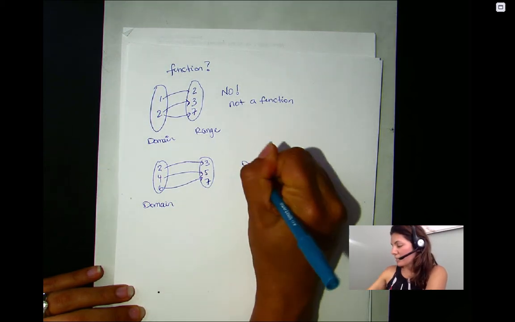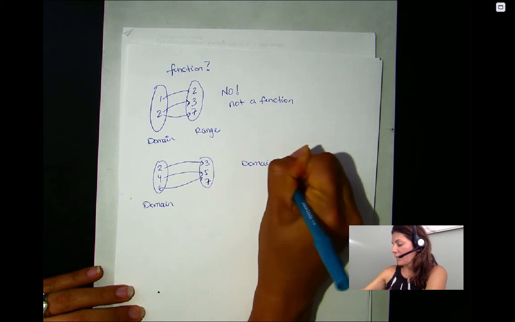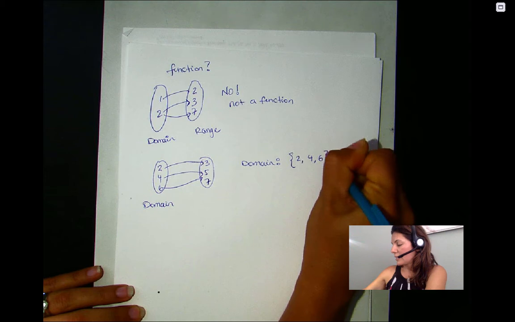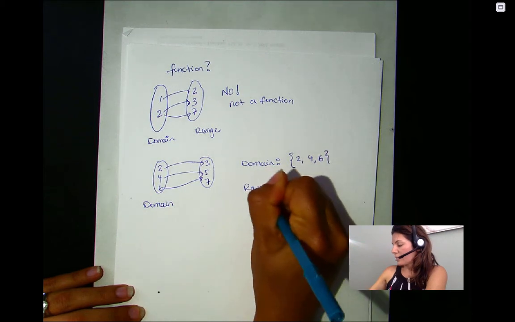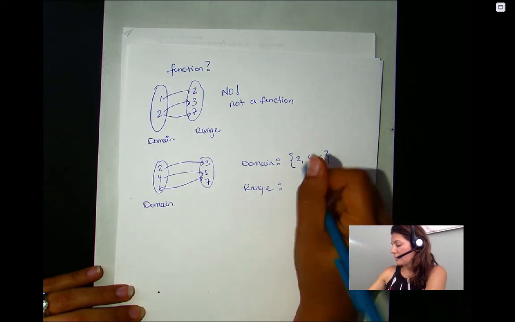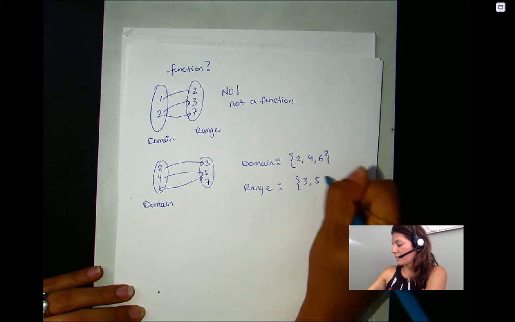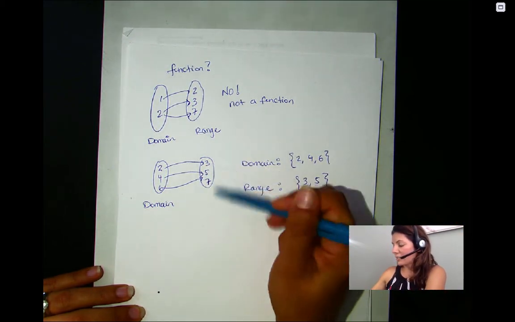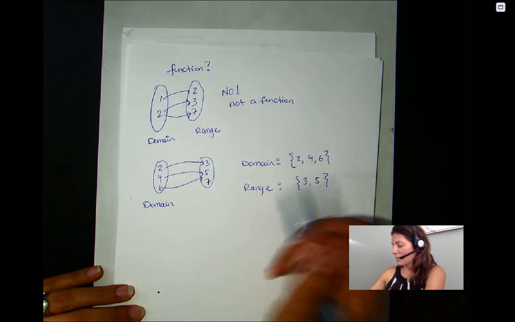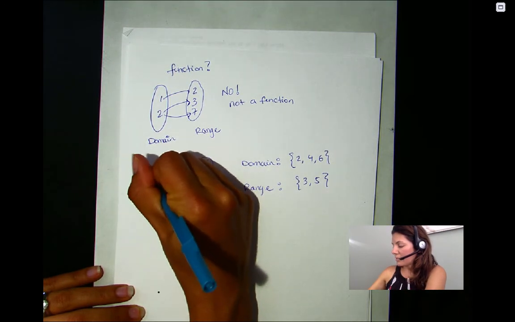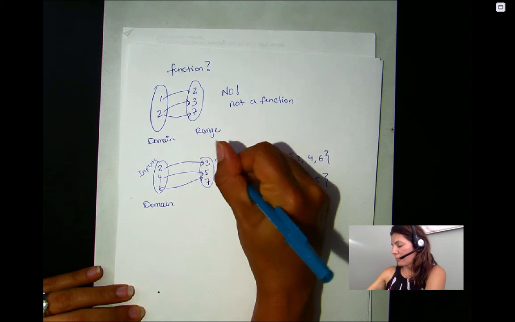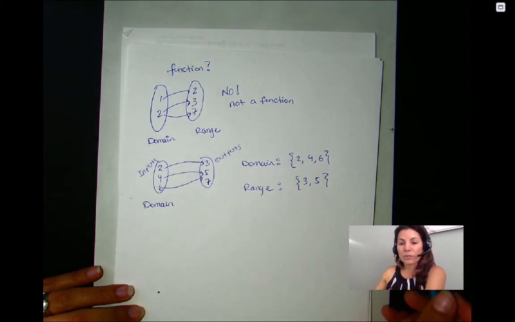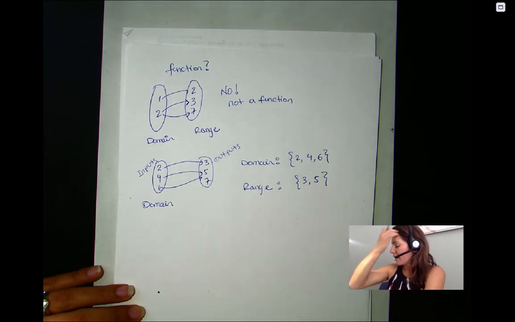So the domain here will be 2, 4, 6, and the range here is only 3 and 5. 7 is not being used. Notice that. That's why I didn't call this necessarily the range. These are the inputs and these are the outputs, but the range is really the outputs that are used. So only 3 and 5.